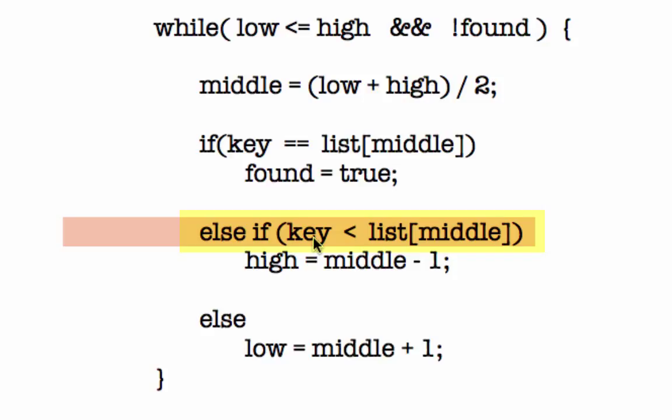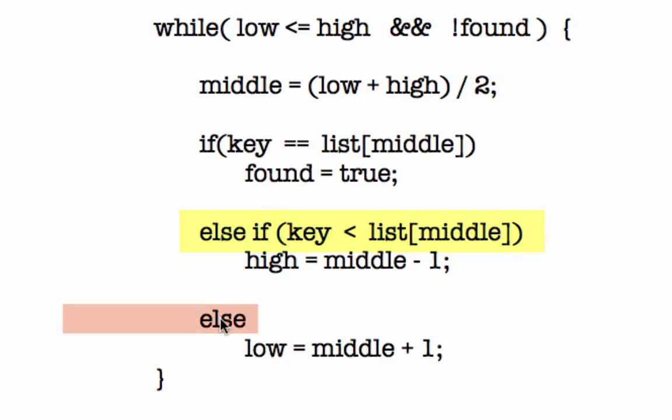If it's false, notice that I don't need to check for another condition, because by default, if it's not the value in the middle and it's not in the first half of my array, then it has to be in the second half of the array, containing values which are greater than the value in the middle. Again, if you are confused at this point, you should watch the video on binary search and then come back to study this code.